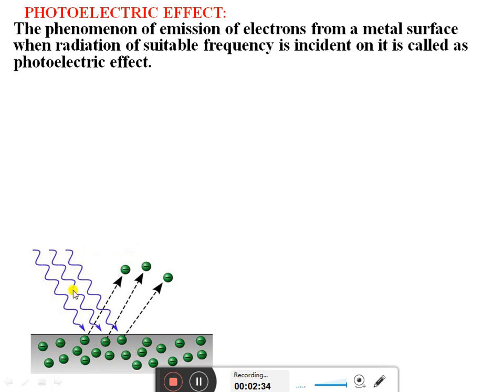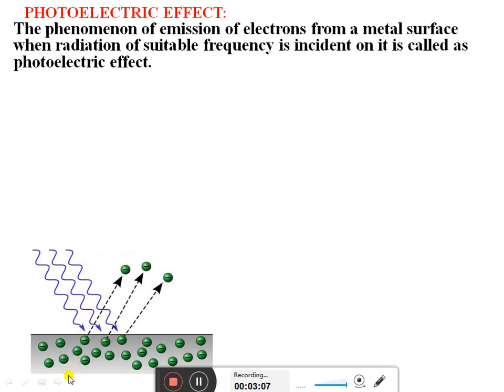Light of suitable frequency, it is violet or ultraviolet light having frequency nu and energy E equal to h nu or hc by lambda, is incident on this metal surface. These photons carry energy equal to h nu. When free electrons in this metal surface absorb energy, their energy becomes maximum and they get excited out of the metal surface, and this phenomenon is called the photoelectric effect.